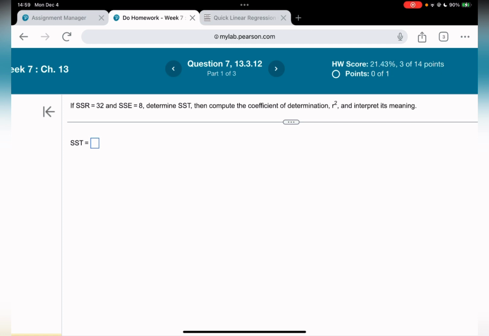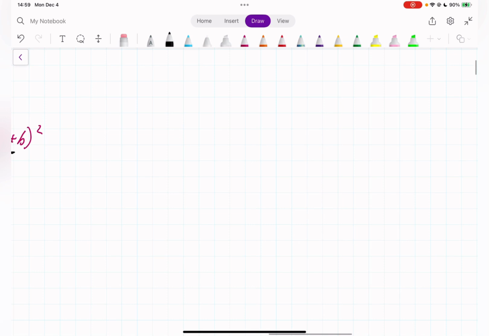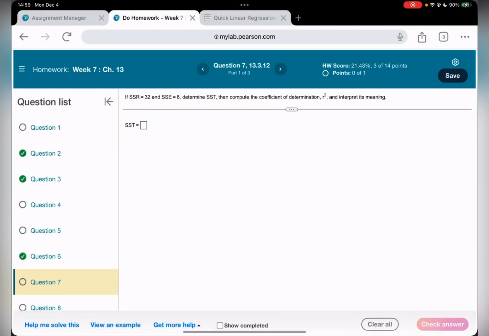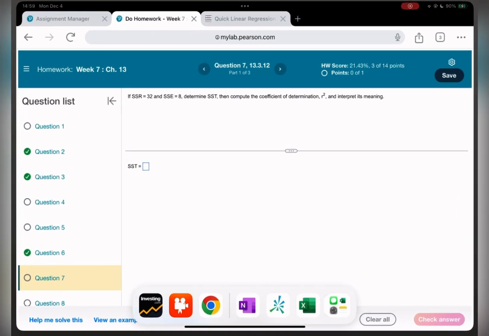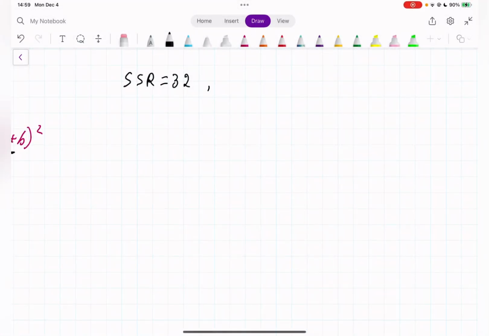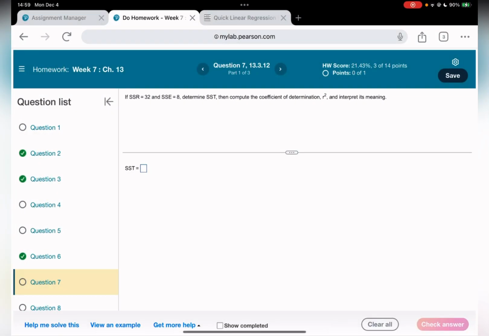Okay, so we have SSR 32, let me write it down. And SSE 8. Okay, so we need to determine SST, right? Yes, SST.